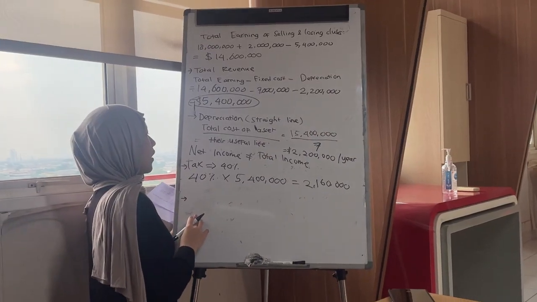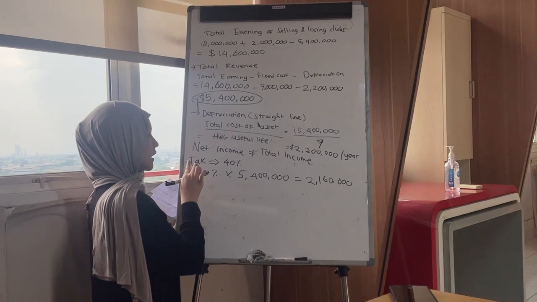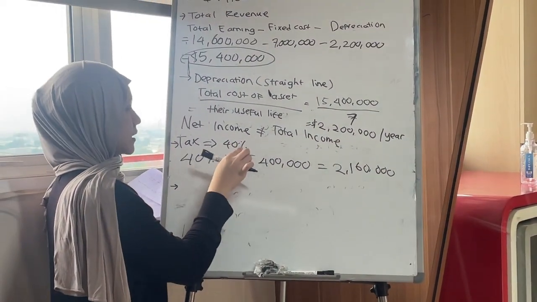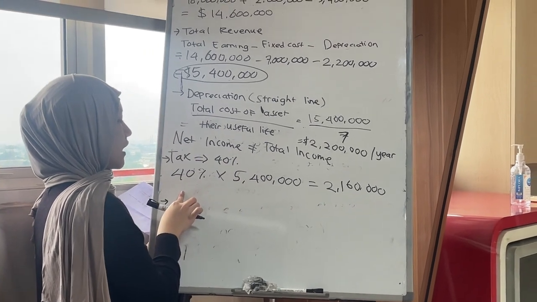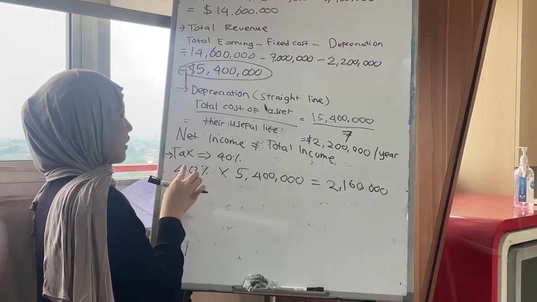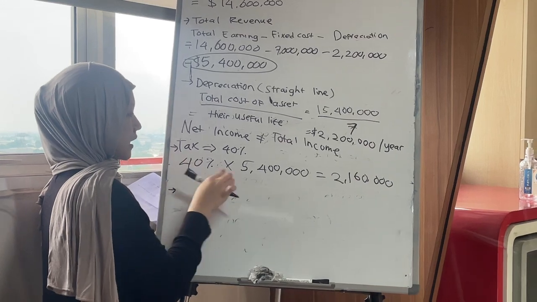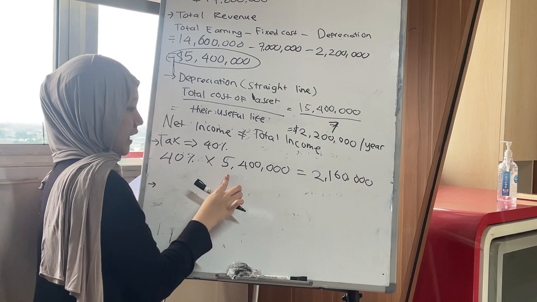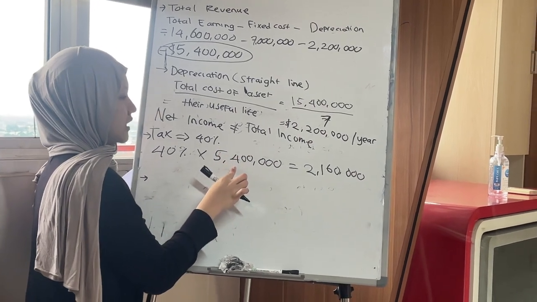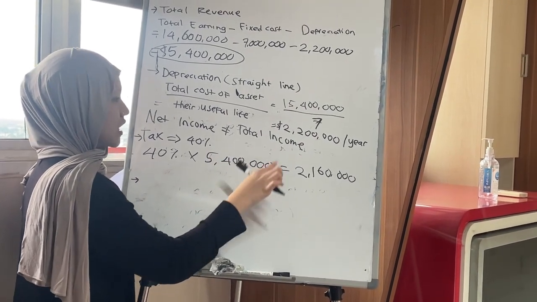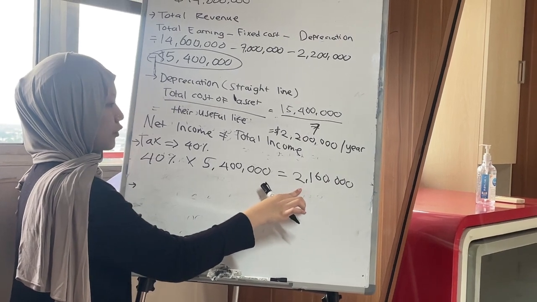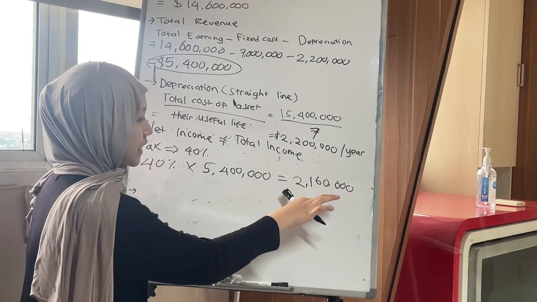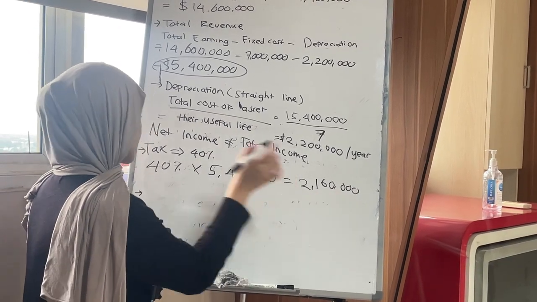Okay, so we calculate the tax that we have to pay. The tax is 40%, so we multiply 40% times the total revenue, which is $5,400,000. It means that the tax that we have to pay is $2,160,000.